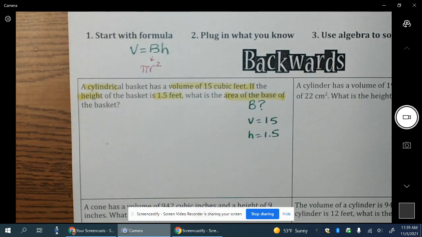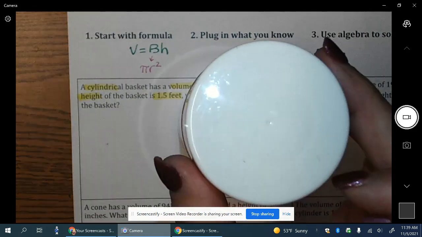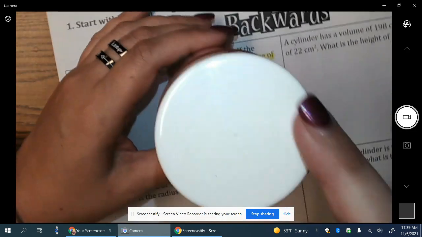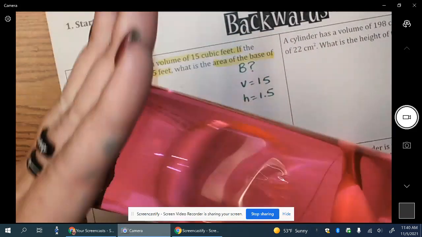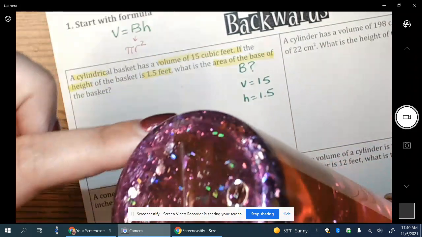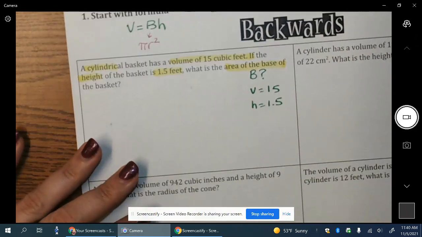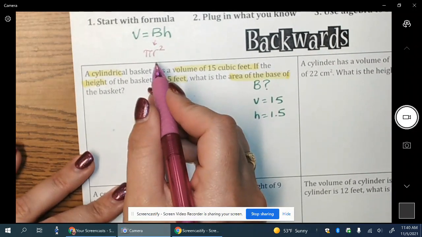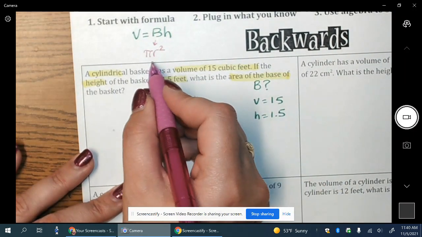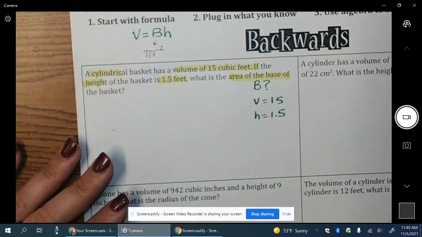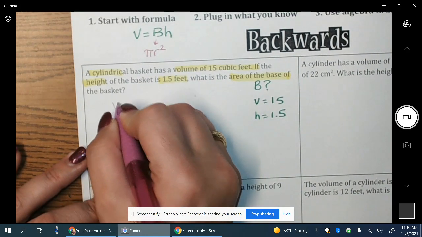It's the area of the base, which is what shape? The circle. Remember bases are opposite. They're circles. That's why I'm using pi r squared. But if they're asking for big B, should I do pi r squared or should I do big B? Yeah, we're doing big B because that's what they're looking for.